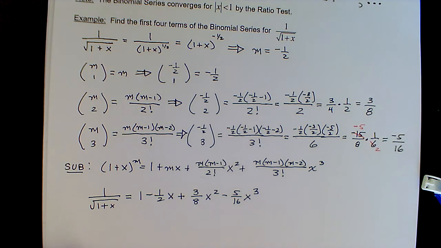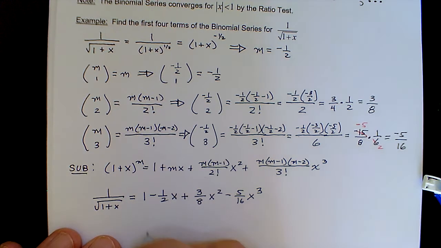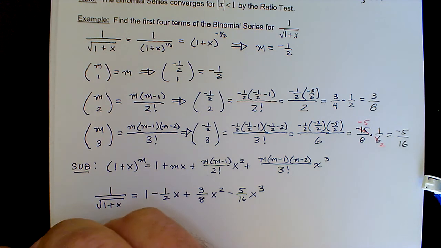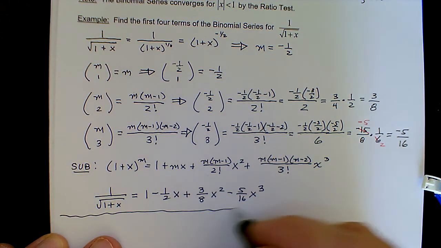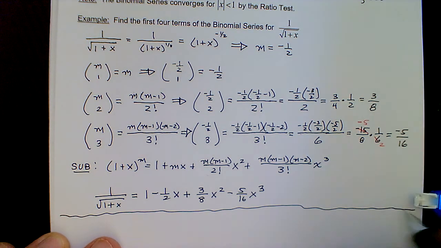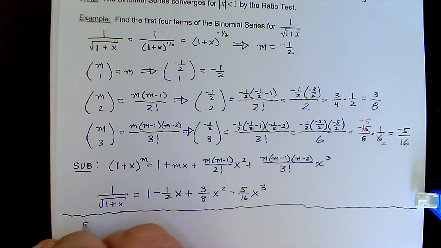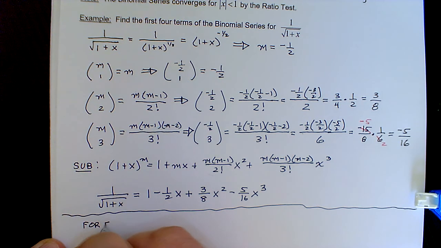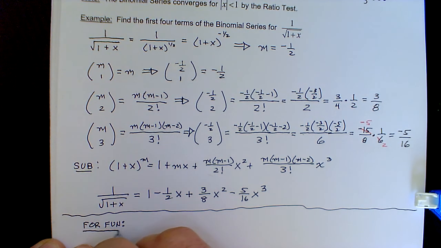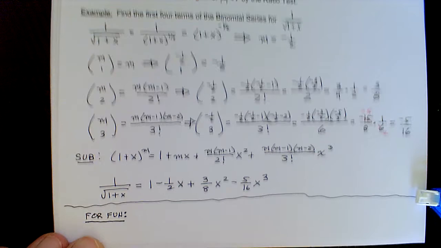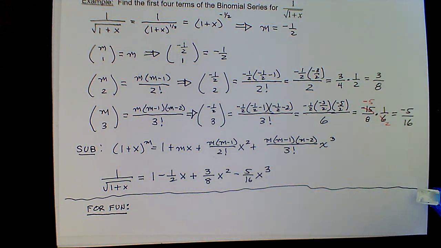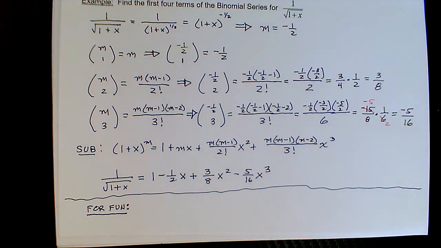Now, just for fun, let me show you this. If you recall, way back when we first started, we showed how the graph of e to the x was approximated by these polynomials.